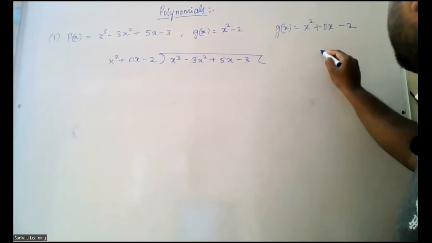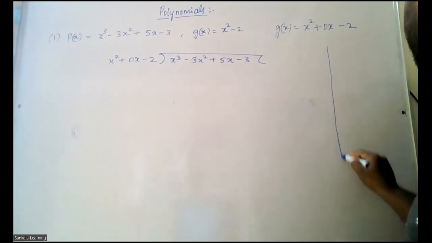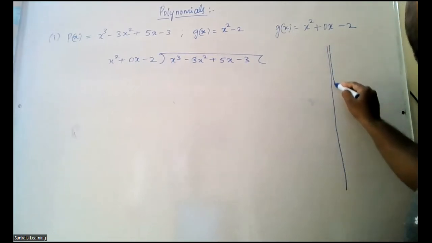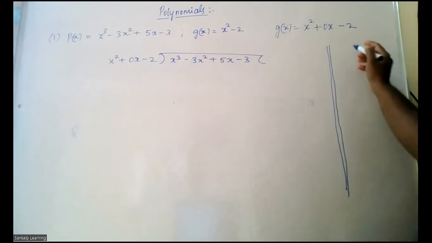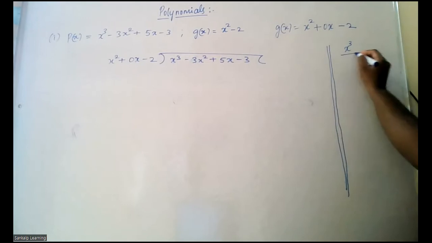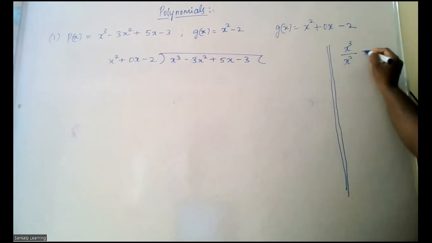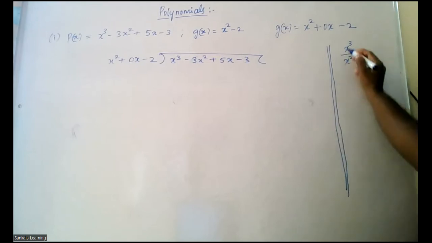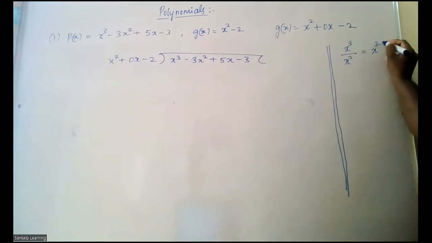Let me take this as the working column. The first term of the dividend is x cube and the first term of the divisor is x square. So x cube by x square: the bases are the same and they're divided, so we subtract the powers. 3 minus 2, that will become x. So we get x.